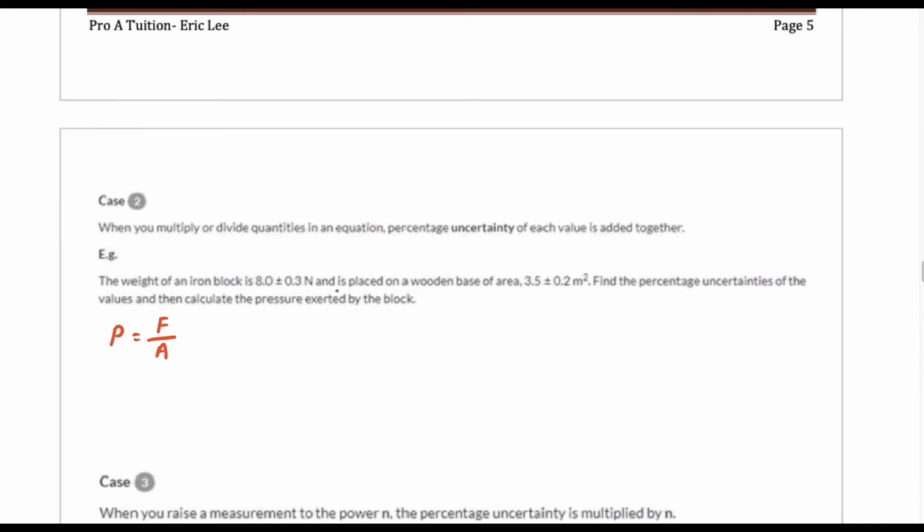Let's divide first. The weight here is the force, 8.0, and the area is 3.5. So 8.0 divided by 3.5, we get 2.3.